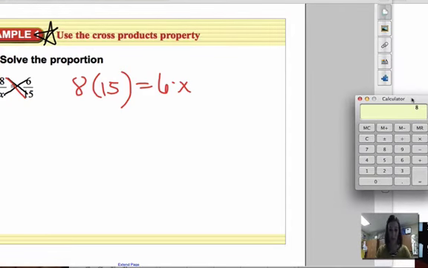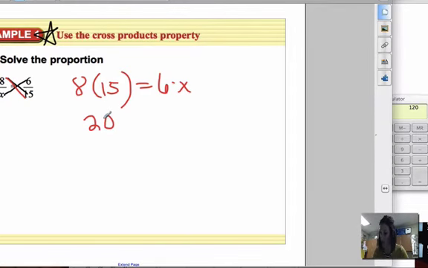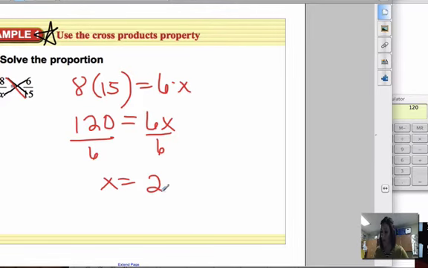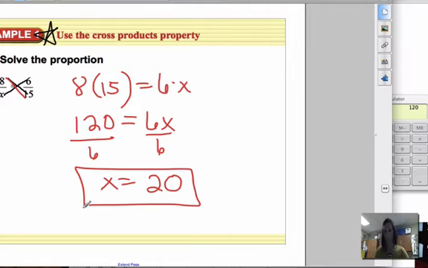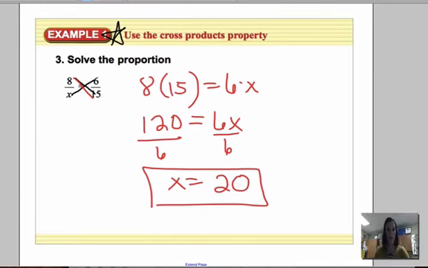So 8 times 15 is 120, and that equals 6x. Solve for x, divide by 6. 120 divided by 6 is 20. You can always plug that number back in and check to make sure that your proportions are ratios to each other.